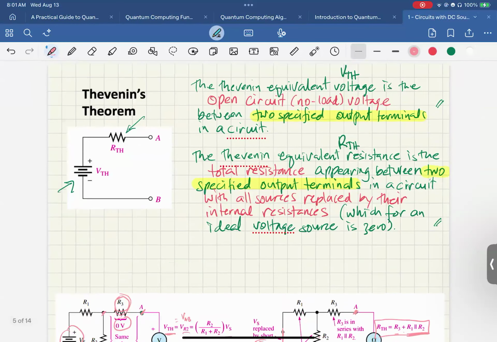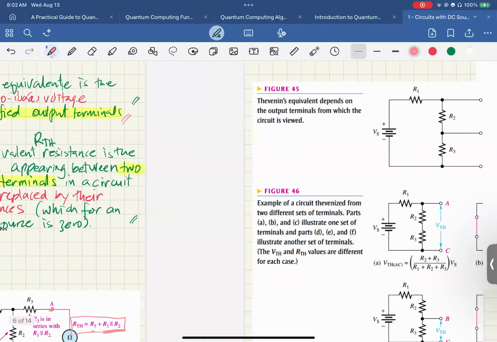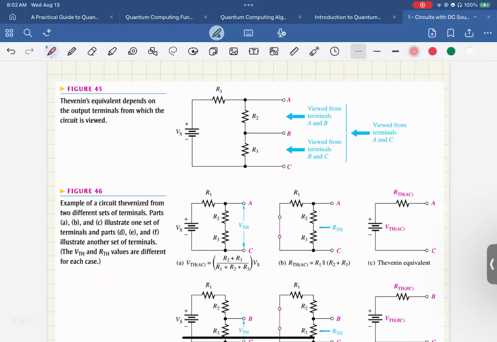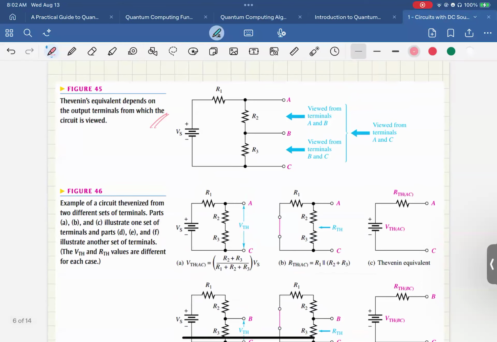Again, I'll emphasize that you need to choose the output terminals. The Thevenin equivalent circuit will depend on which two terminals you are looking at. So you need to specify that. Let's look at these examples.